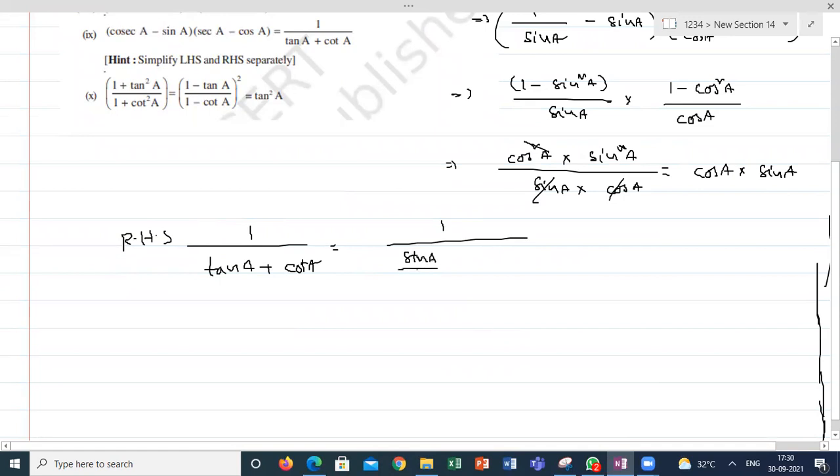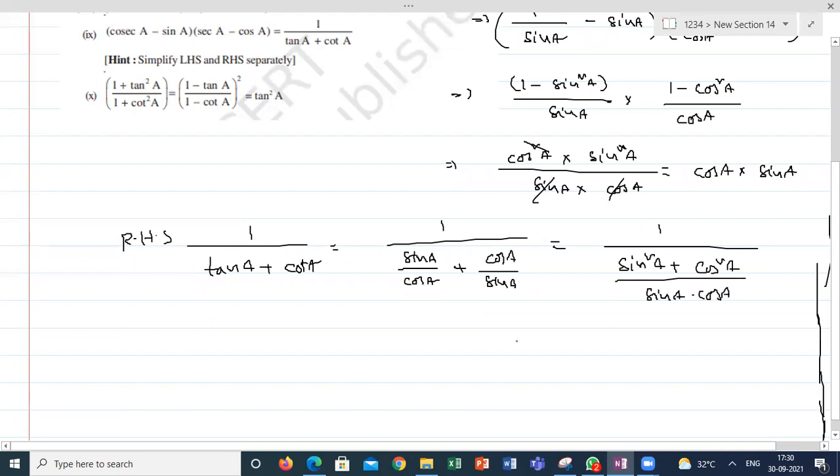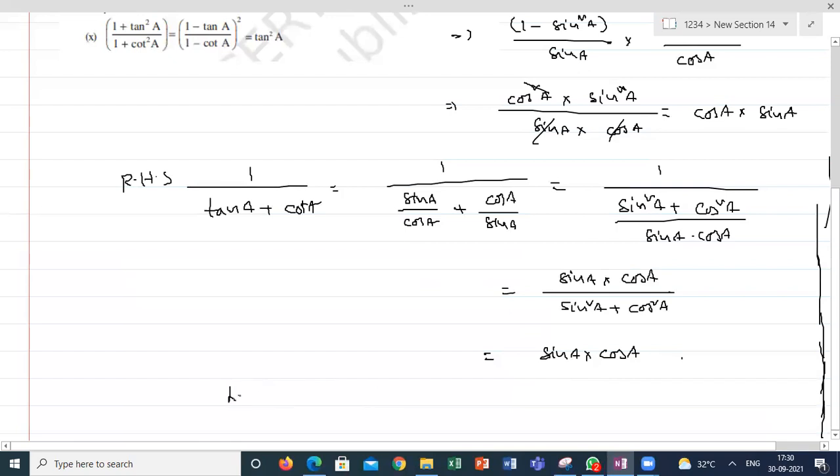This is sin A by cos A and cot is cos A by sin A. The denominator, if I'm taking LCM, I will get (sin square A plus cos square A) divided by sin A into cos A. So this can be written as sin A into cos A divided by (sin square A plus cos square A), which will be equal to sin A into cos A. This is my RHS. So from above discussion, I can say LHS is equal to RHS.